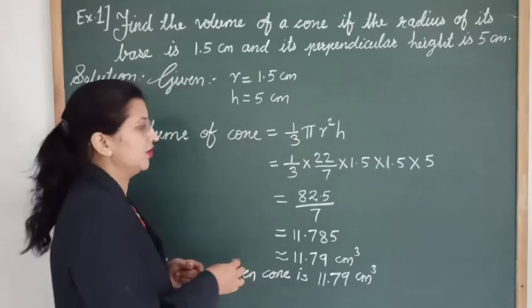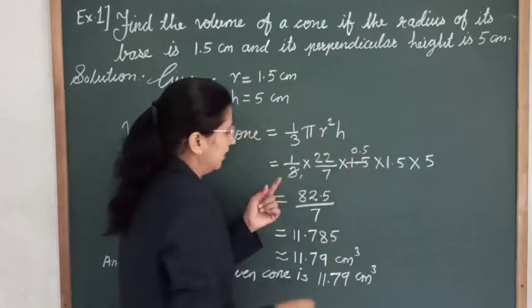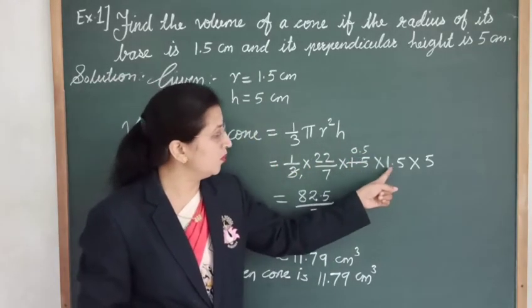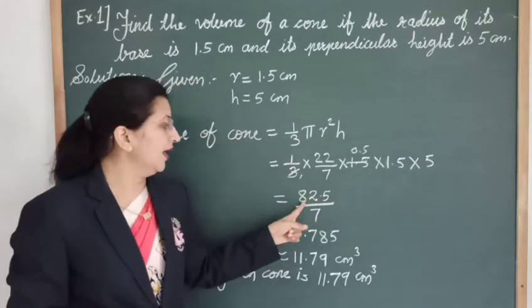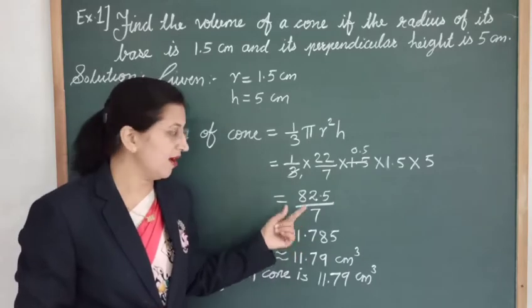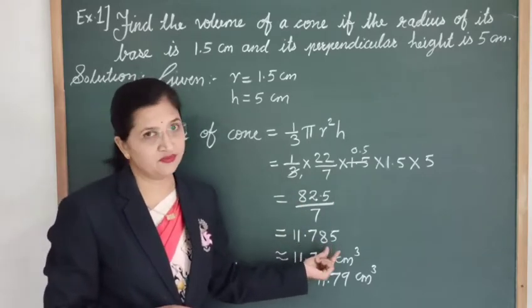Let's solve this. After solving, we get 22 multiplied by 0.5 multiplied by 1.5 into 5, the product 82.5 divided by 7. After dividing, we get the answer near about 11.785.